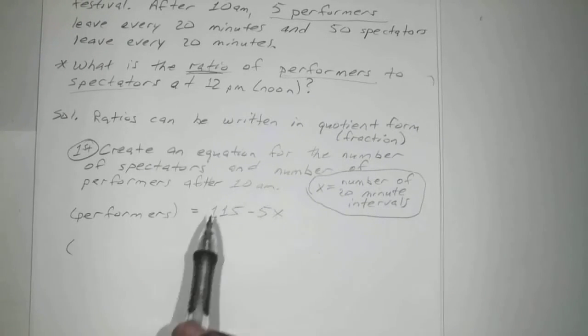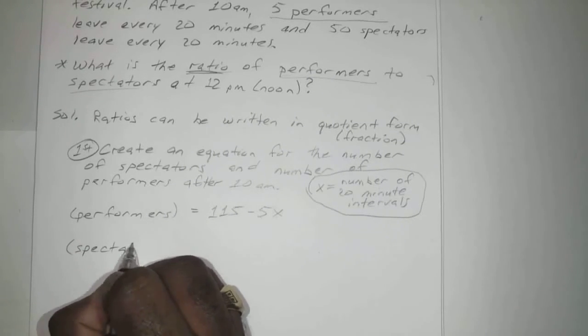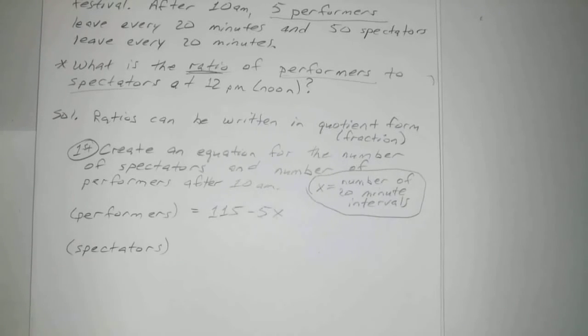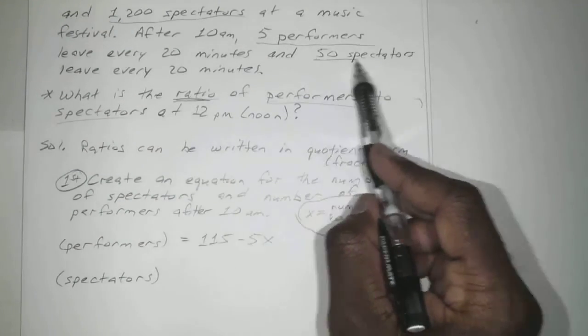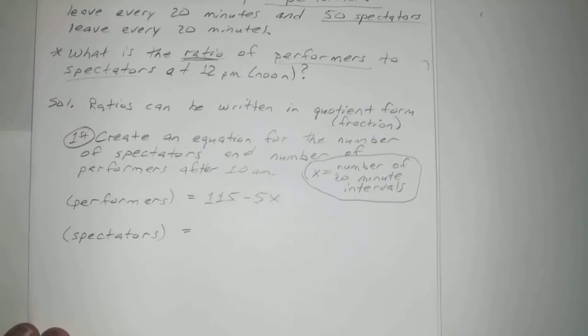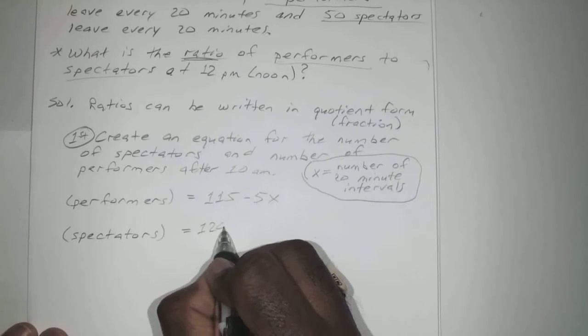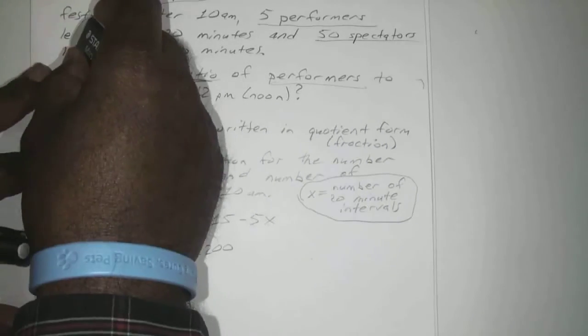Now we do the same thing for our spectators. Okay. We can see the same thing. We started off with 1,200, and we lose 50 every 20 minutes. Actually, instead of lose, let's say we add 50 spectators every 20 minutes. Kind of mix it up a little.